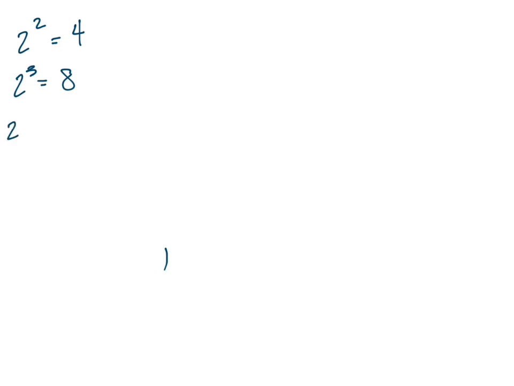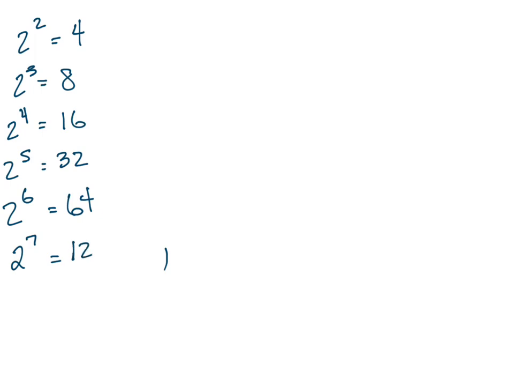How about 2 to the 4th? 16. 2 to the 5th? 32. 2 to the 6th? 64. 2 to the 7th? 128. Okay, so that's kind of as far as we go in 2s. We don't usually go higher than 2 to the 7th in these type of problems. So if you can know your 2s through 2 to the 7th, you'd be in pretty good shape.